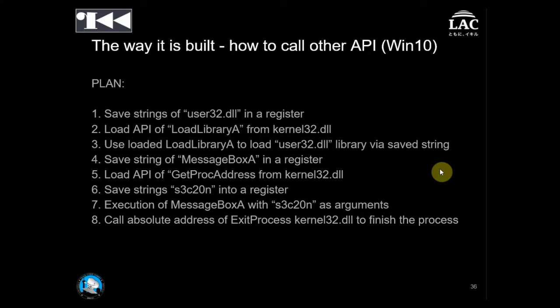We know that there are MessageBoxA and MessageBoxW, and we are seeking MessageBoxA, which is the API that resides in user32.dll, and user32.dll is not actually loaded when any kind of application is running.